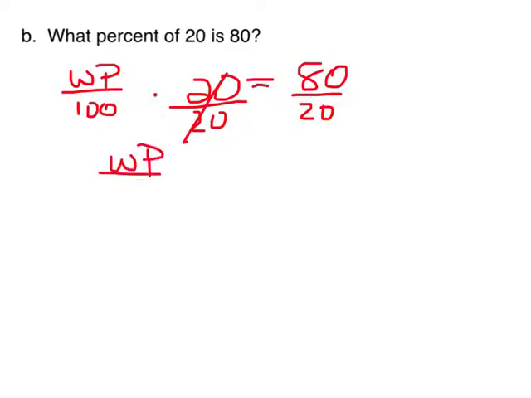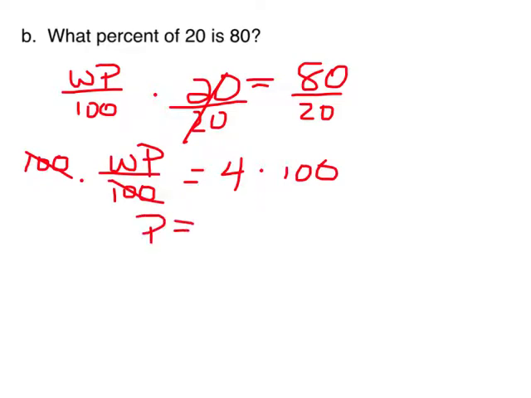What percent equals, and 80 divided by 20 is 4, and just like in the other one that we did, the example, we have to multiply by 100, and so we get percent is 400. So here the second part of the diagram would be a 1-part, because this percentage is larger than 100.